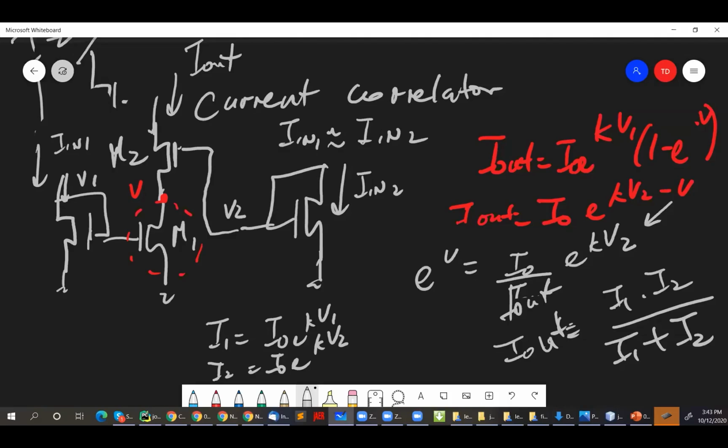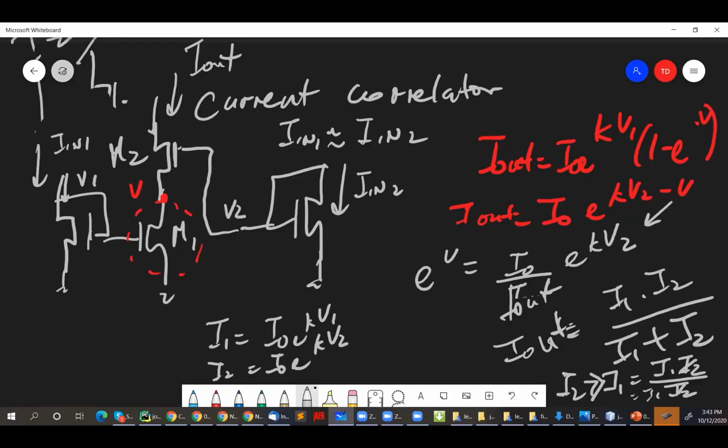If I2 is much greater than I1, then for I out you get I1 times I2 over I2, which cancels out, and you get I1. And if I1 is much greater than I2, then again it cancels out and I out is equal to I2.